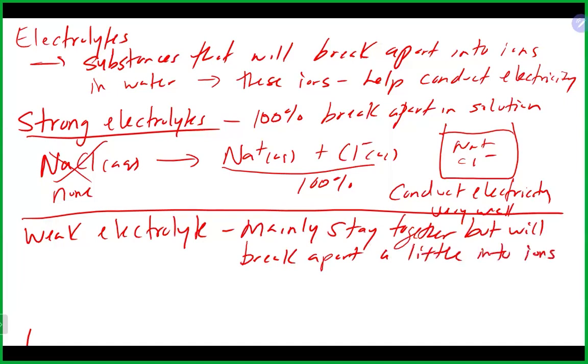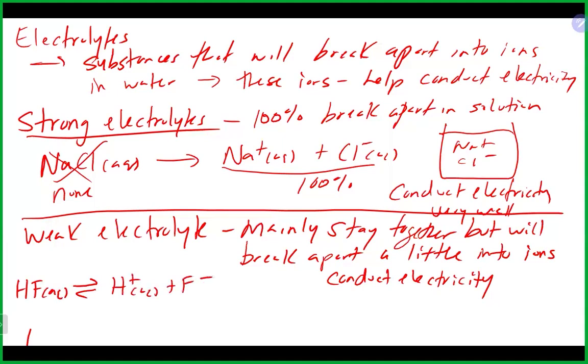So you're still conducting ions, so it's still able to conduct electricity, but nowhere near what a strong electrolyte could do, because it will mainly stay together. So if you took something like HF, which is a weak acid, when it's in solution, it will break apart a little bit into these ions.